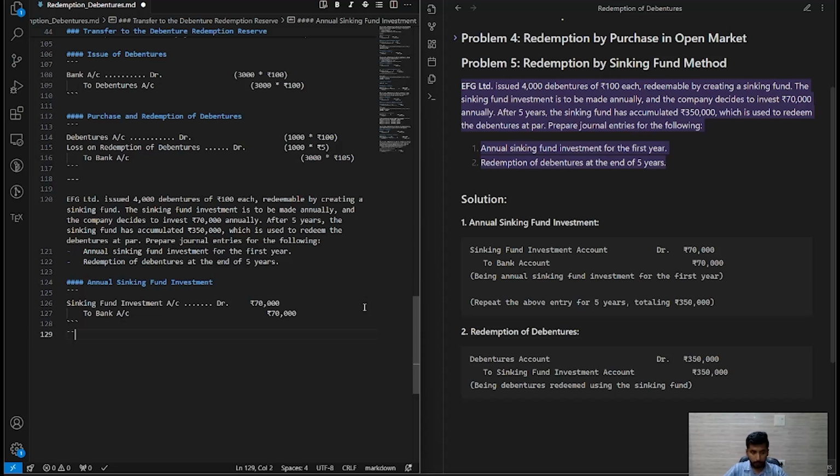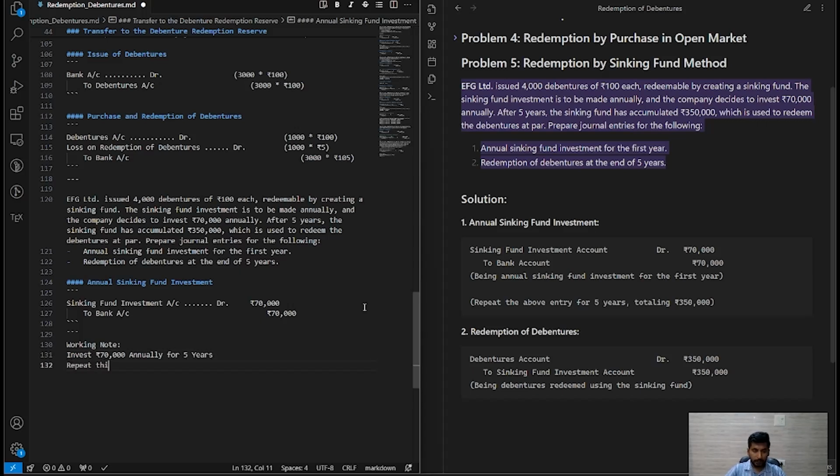Let us create a working note for how this 70,000 came. They have to invest 70,000 annually for 5 years.